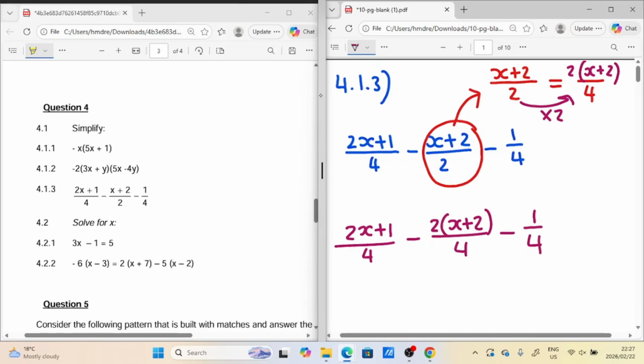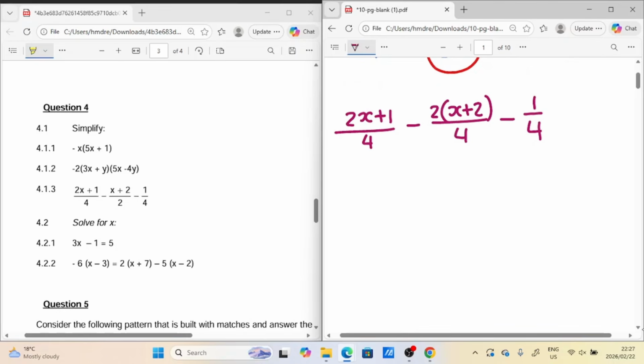Now the bases are all the same, so we can actually then rewrite this as just everything on the top. So 2x plus 1 minus 2 times x plus 2 minus 1 over 4. We can put them all into one fraction like this.